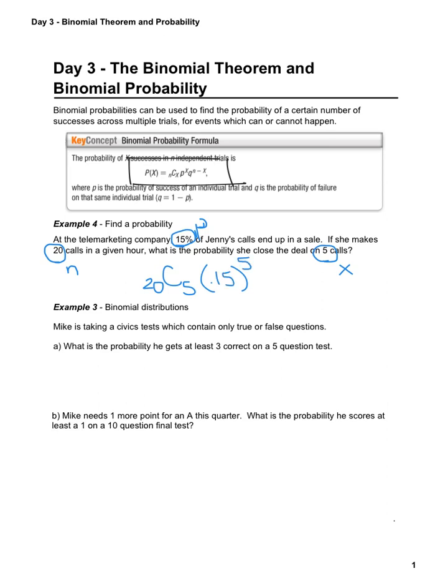Well, it's 0.15, a 15% chance of making a sale, raised to the 5th power, because if you think back to independent events, we multiply probabilities together. This would be if she made 5 sales directly in a row. The combinations out front allow us to take into account that order does not matter.